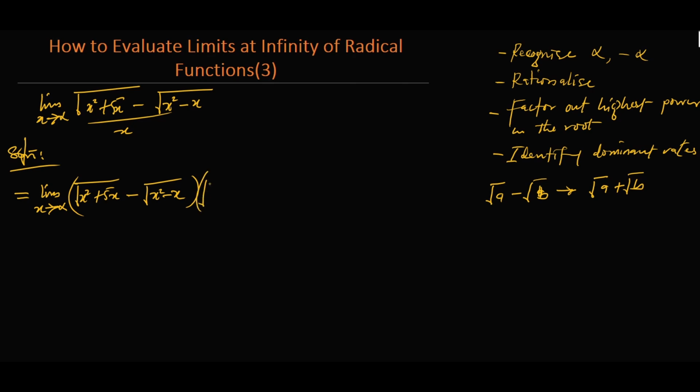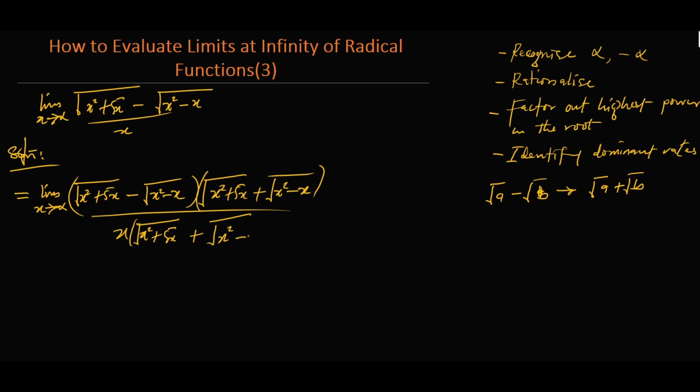Remember, we just flip the sign, which is root x squared plus 5x, instead of minus now we have plus root x squared minus x, all over the denominator, multiply the conjugate, which is root x squared plus 5x plus root x squared minus x.